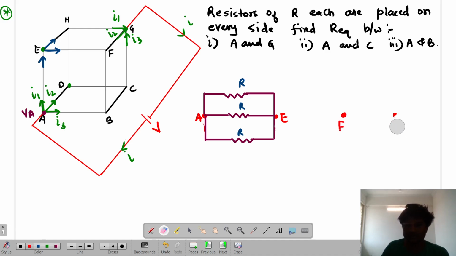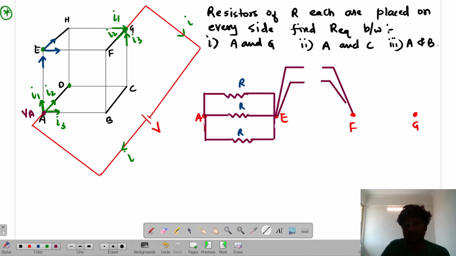So E to F, at point E there are distributions of two resistors, one, two.